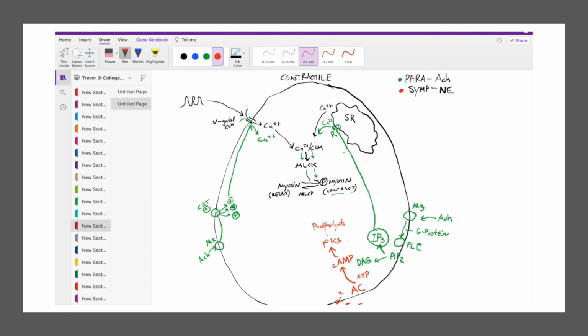So via different phosphorylation events, we're going to go on and have some widespread effects. And the first of those is we're going to activate the SERCA pump on our sarcoplasmic reticulum. So that's going to help bring calcium back into the sarcoplasmic reticulum.